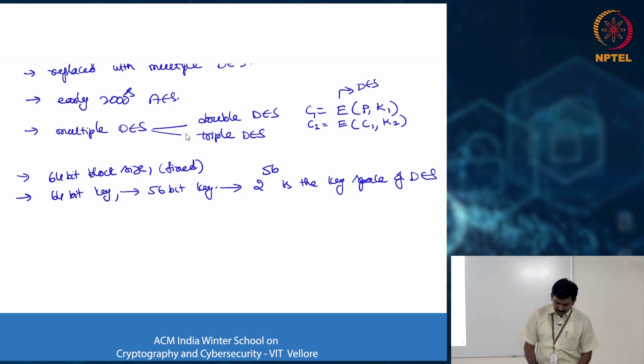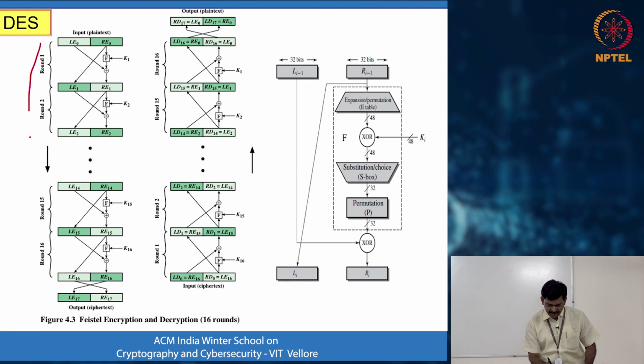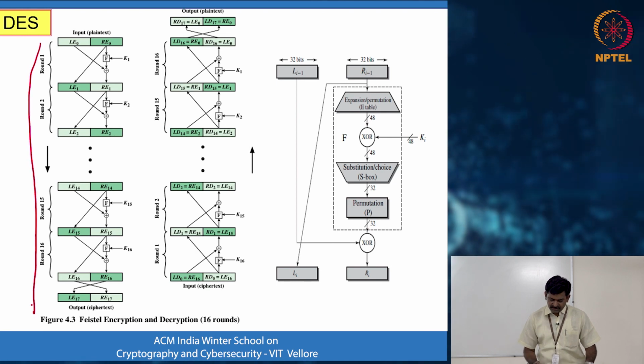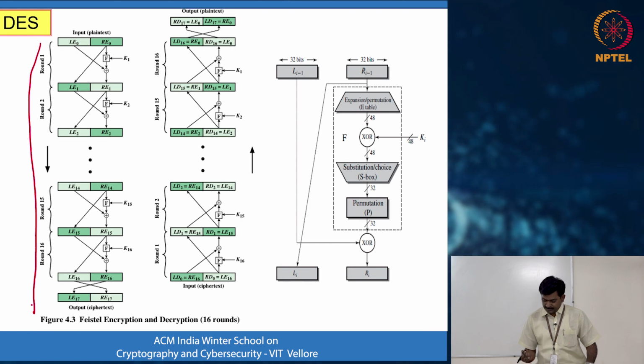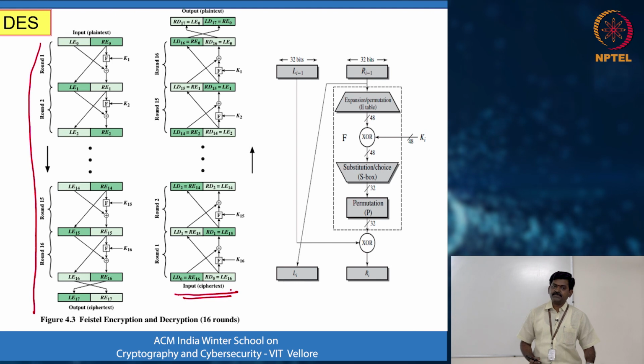Look at this, this is the decryption. This is all encryption, first round to 16th round. What is happening to the decryption? What is the input? Input is your ciphertext.